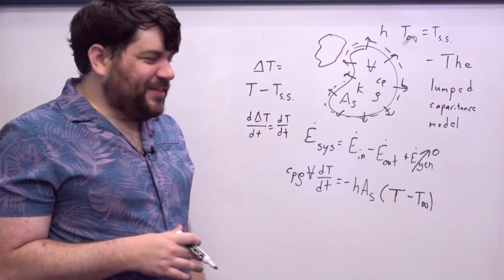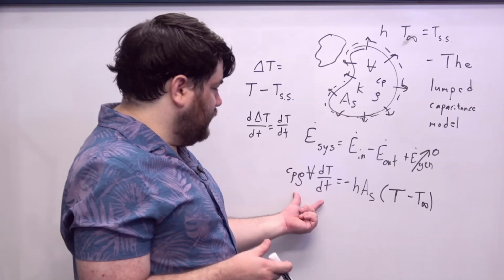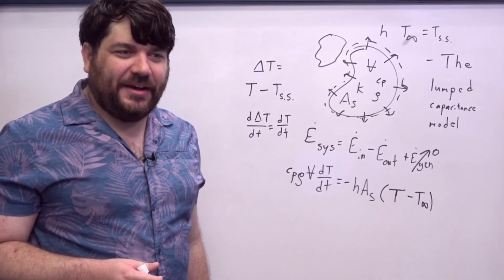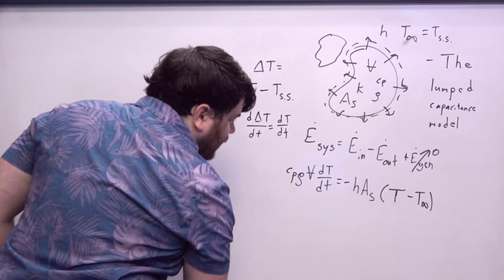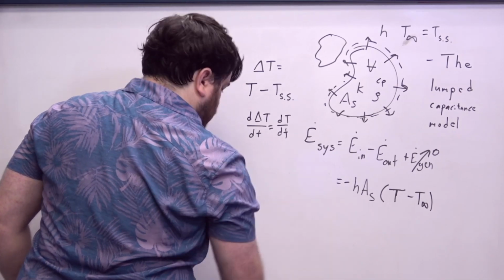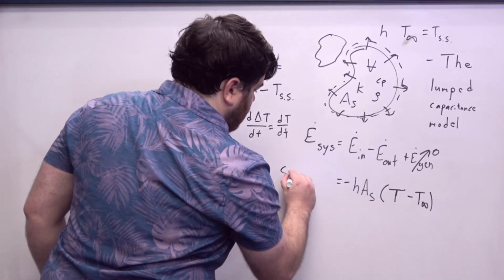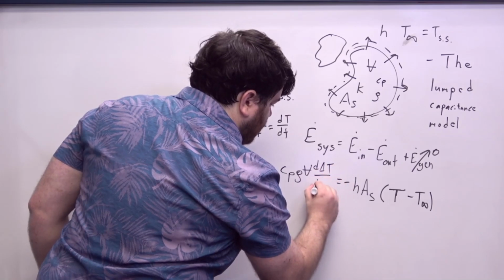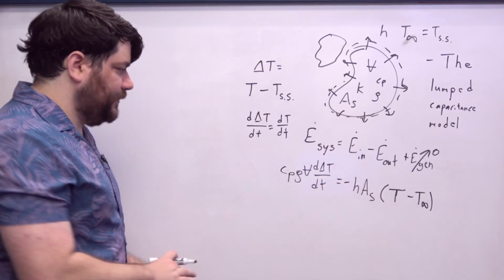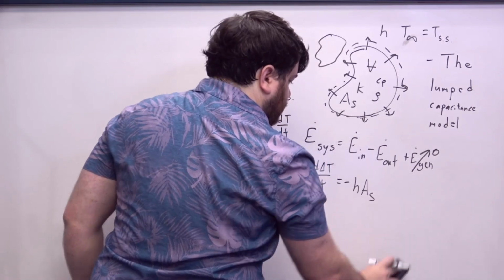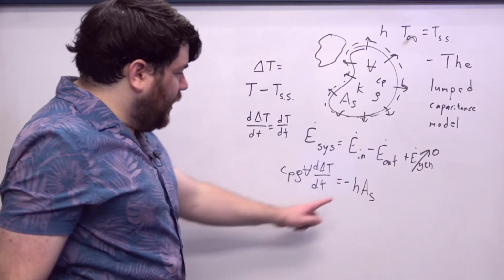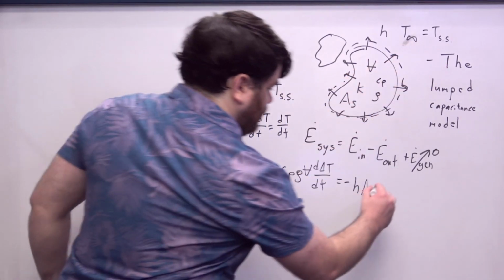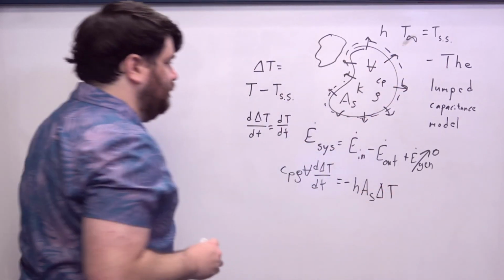And the beauty of this is that it allows us to create an expression for this equation that's even simpler than the one that we already have. That expression is just the following. This is just Cp, rho, times the volume, times the derivative of that temperature difference over time, and this is equal to minus hA_s, and noting this equivalence, this is just delta T again.